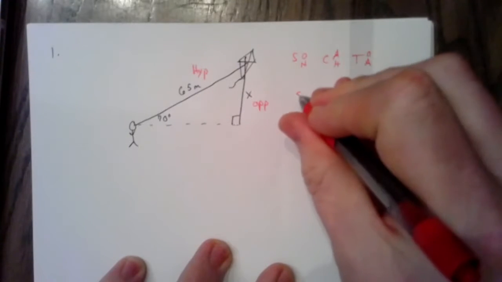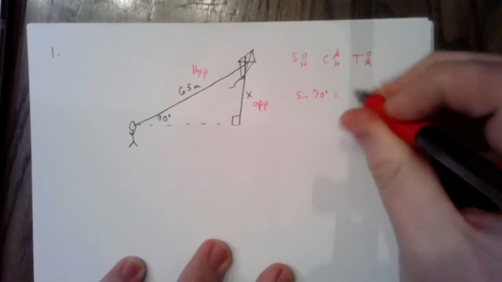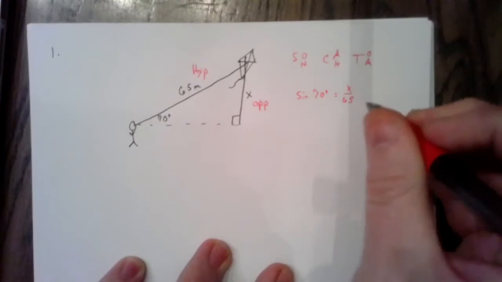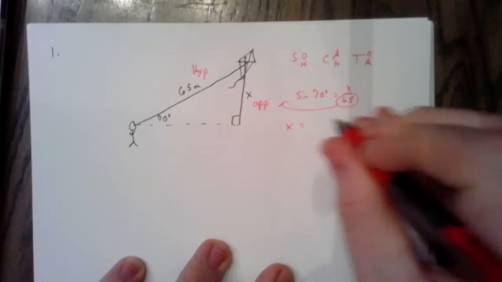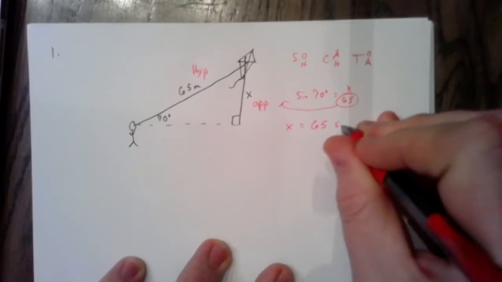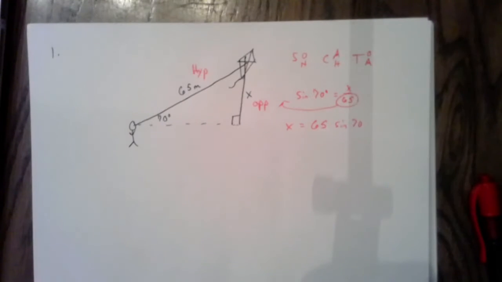So I write sine of 70 degrees equals x over 65. And Mr. Sapkowski has taught us when the number's on the bottom, we just move it out front, and we get that x equals 65 times the sine of 70. Now again, you want to make sure that your calculator is in degree mode. If you're not in degree mode, you're going to have a bad day.